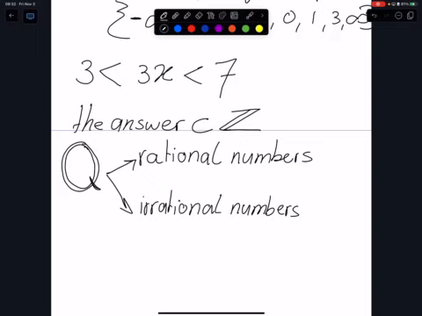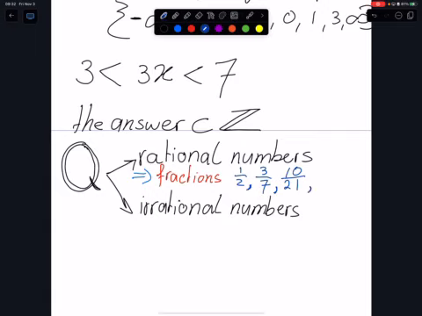What are rational numbers? Rational numbers, easily explained, are fractions. For example, a half, 3 over 7, 10 over 21, 14 over 151. Those are rational numbers.